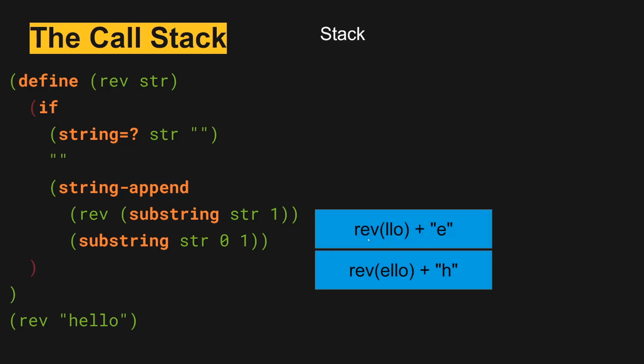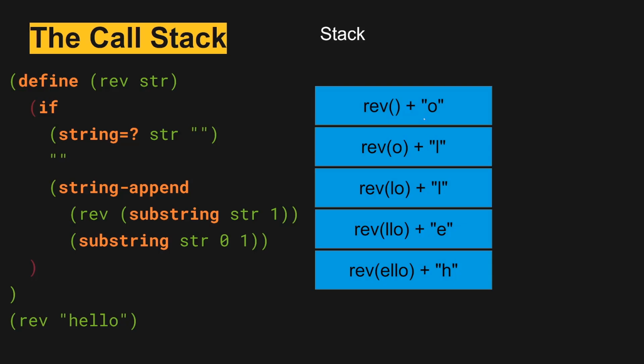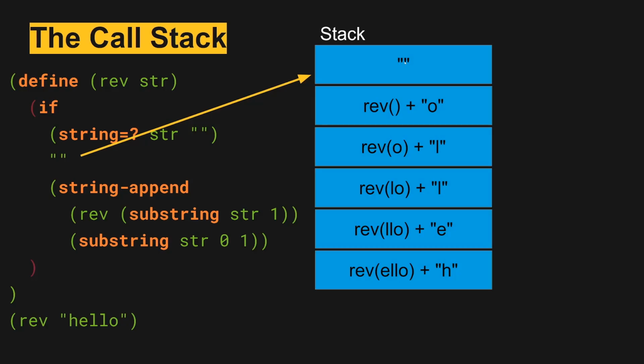And then we have LLO plus E, LO plus L, O plus L. And then we start off with the empty string. So this is going to work the same way as it did. We've reached our base case of an empty string, and now we start coming back out of the hole.